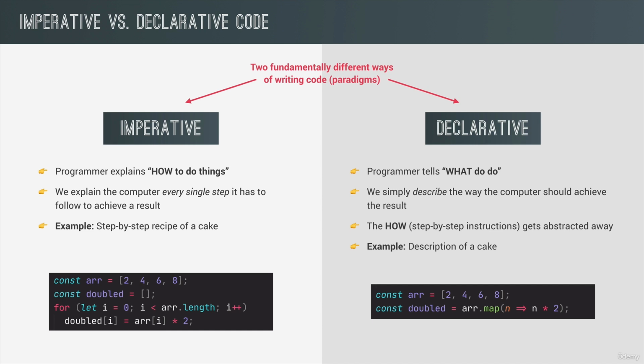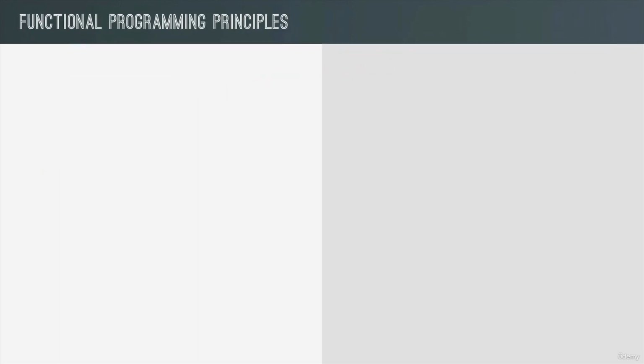All right? And this is pretty important to understand because more and more, this is how modern JavaScript code is actually written. So the difference between imperative and declarative is not just some theoretical difference. The declarative paradigm is actually a really big and popular programming paradigm, which has even given rise to a sub-paradigm called functional programming.